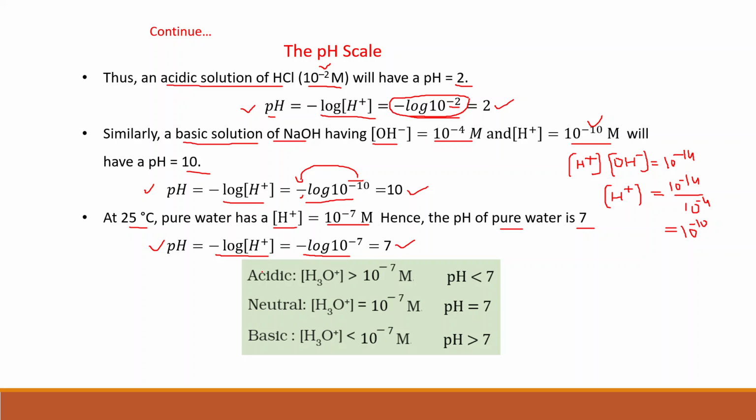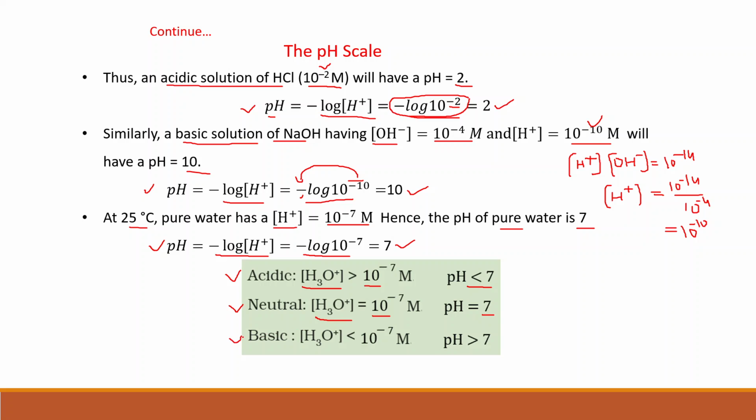So we can say in case of an acidic solution, where the concentration of hydronium ion or hydrogen ion, same thing, is greater than 10 to the power minus 7 M, pH will be less than 7. In case of a neutral solution, the concentration of hydronium ion is equal to 10 to the power minus 7 M, so pH is equal to 7.